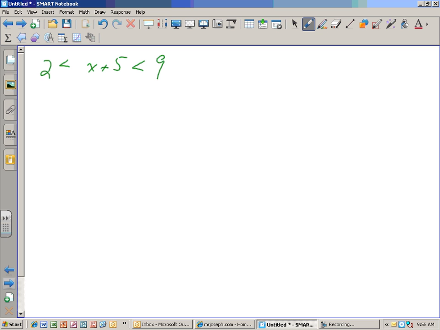It's right in between two numbers, isn't it? All right. Well, we have to find out what x is. And is this going to be an and statement or an or statement? This is going to be an and statement.